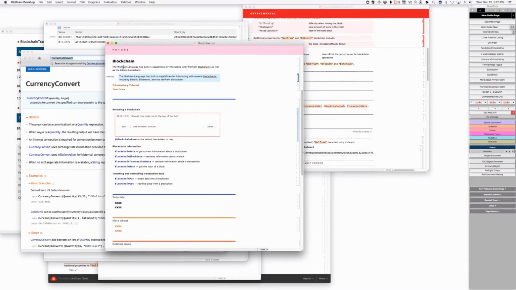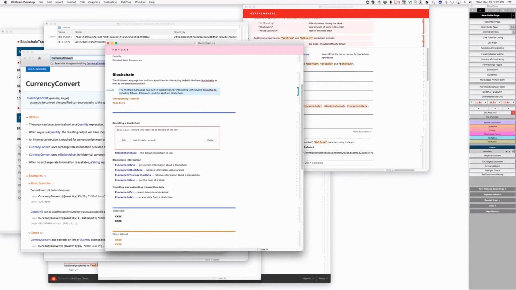Okay. Supporting capabilities for interacting with both private blockchain.